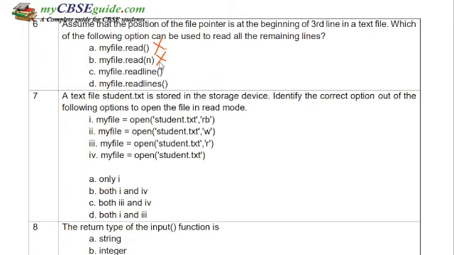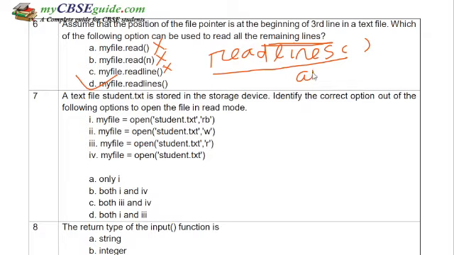N is also the number of bytes. Readline will just read the next line, only one line. But he's asking which we can use to read all the remaining lines. That means we can use the readlines function. By using readlines, we can read all the lines.